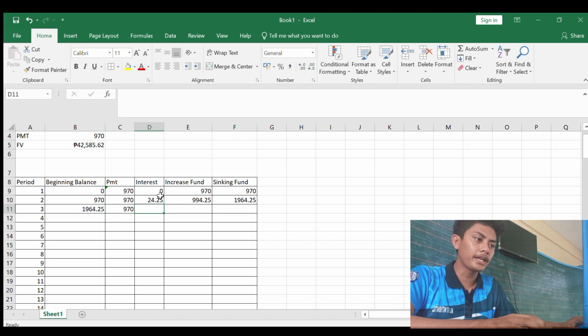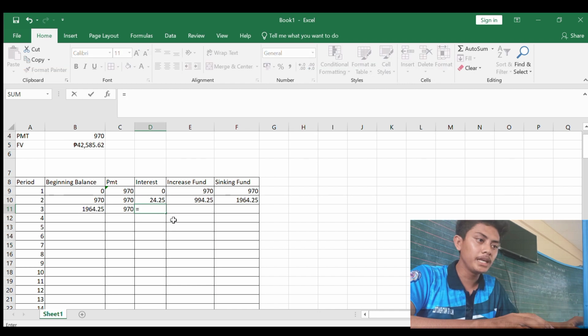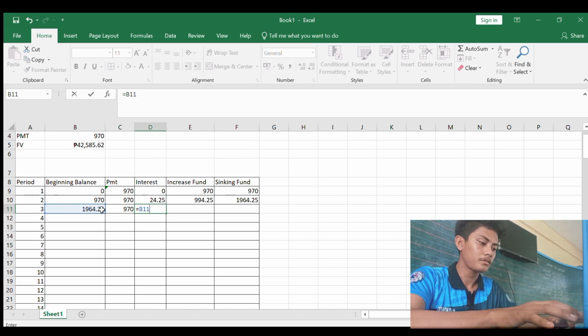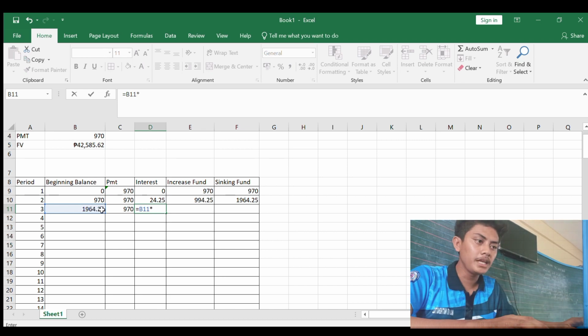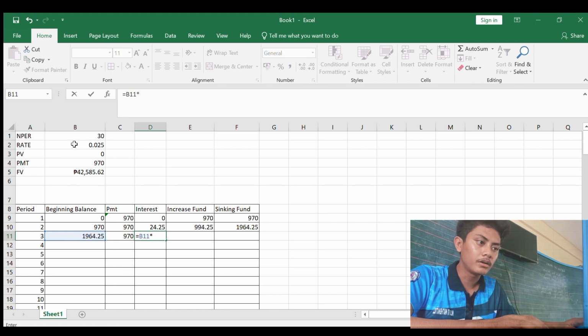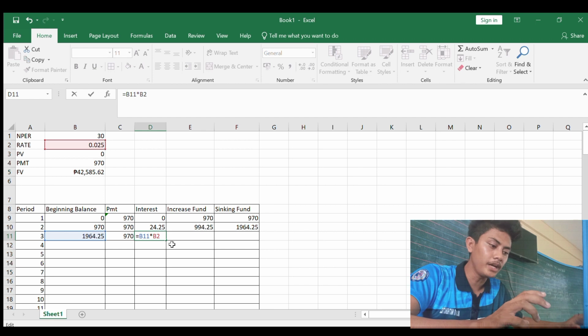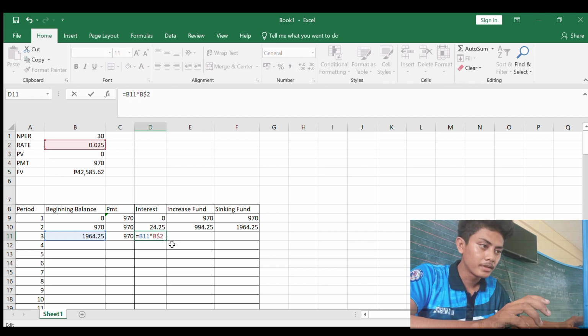Then our interest is equal to the beginning balance times the rate, or 0.025, and you can just put a dollar sign on the rate here.